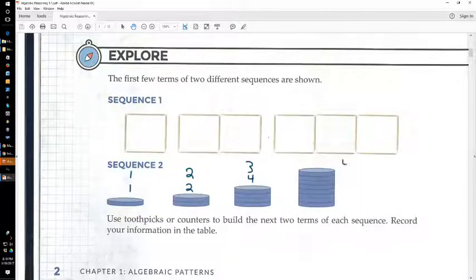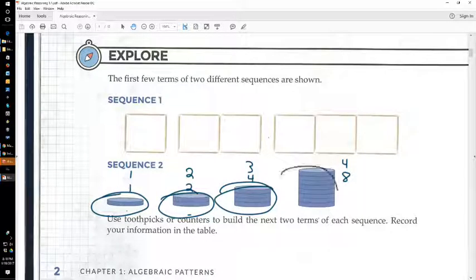And for the fourth item, we have 8 discs. So we got 1, 2, 3, and 4, and 1, 2, 4, and 8. Okay? So let's skip over to the next page and fill those in.